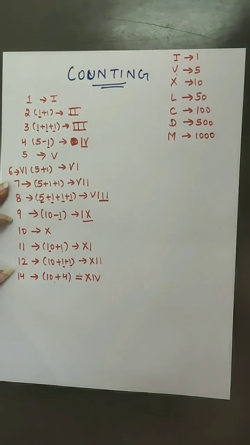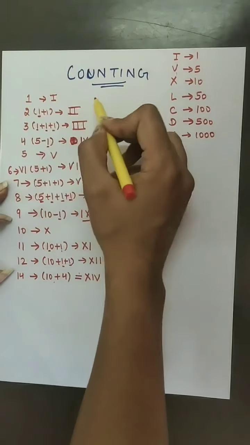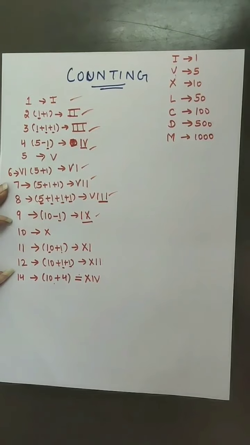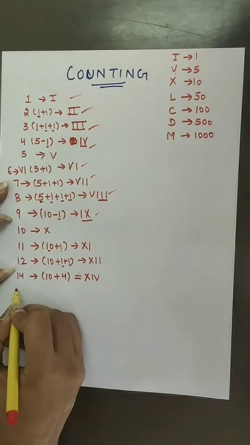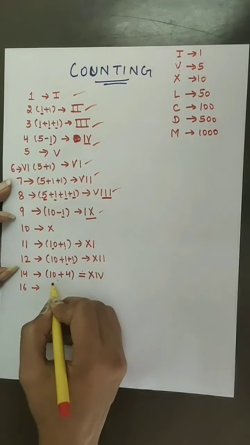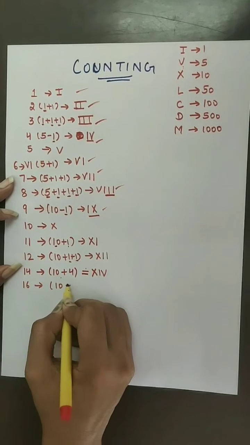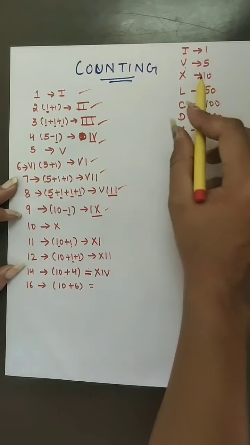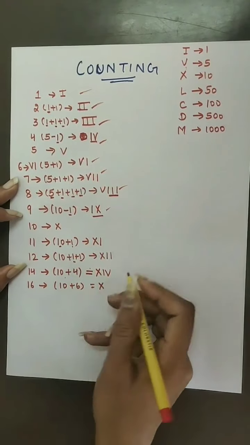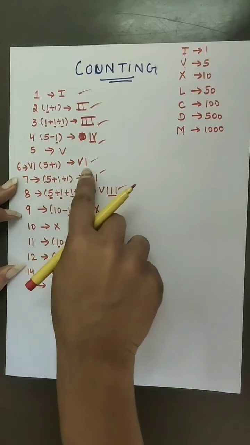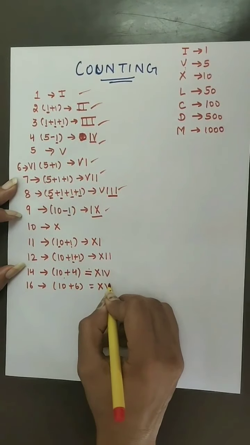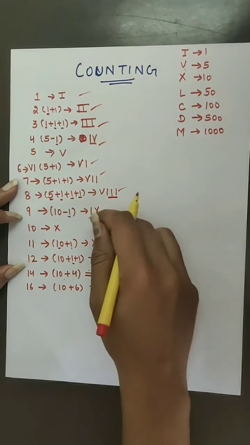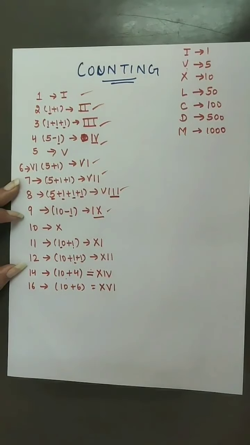So I'd better suggest you learn from 1 to 9 so that you can easily use it in further questions. Now for 16, I'll write it as 10 plus 6. For 10, what was the symbol? X. And for 6, from here, what is the symbol? V. So it is easy to write the counting if you have learned these 1 to 9 counting.